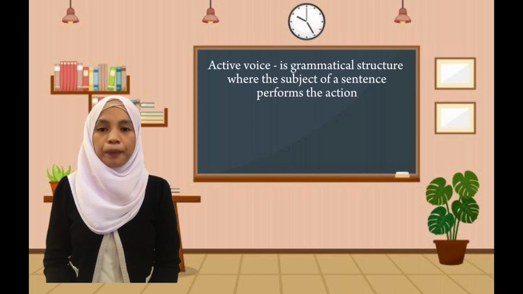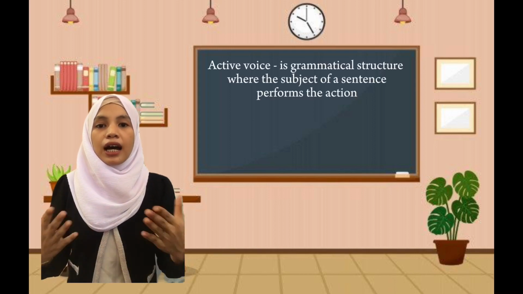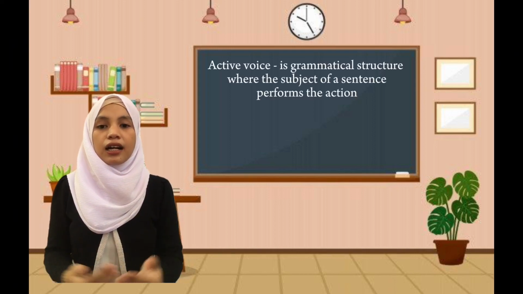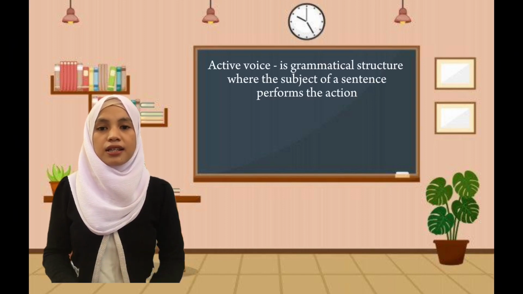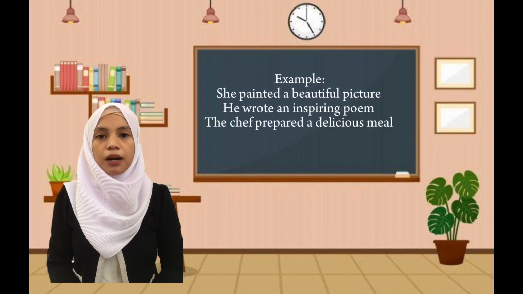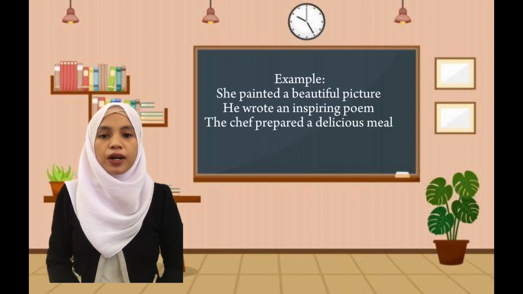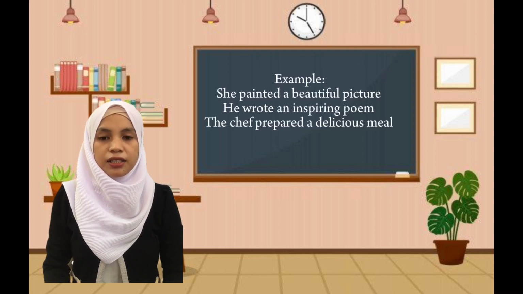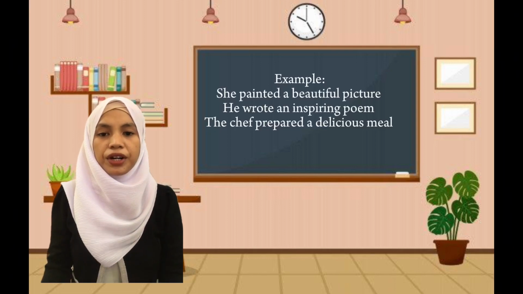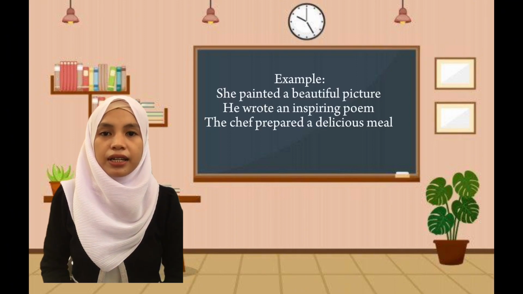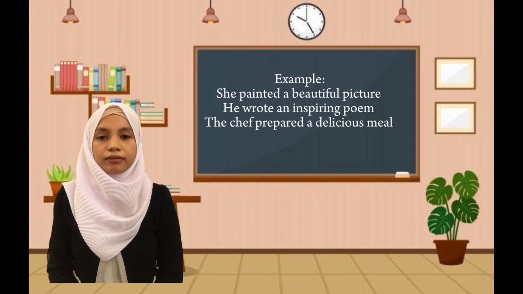Okay, none? So active voice is a grammatical structure where the subject of the sentence performs the action. I have here an example of active voice. The first example is, she painted a beautiful picture. Where do you think is the subject and the object?